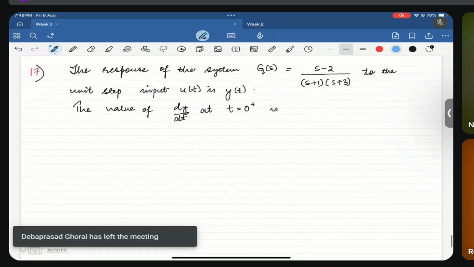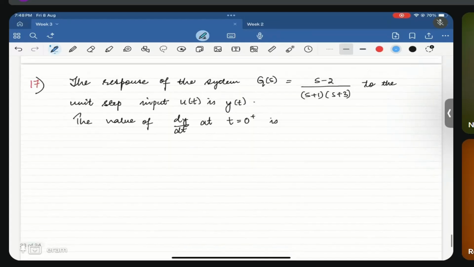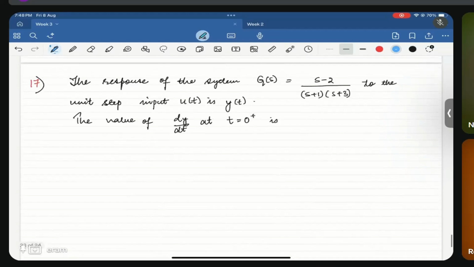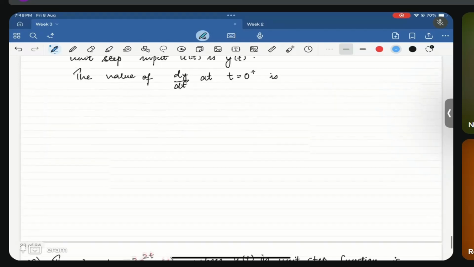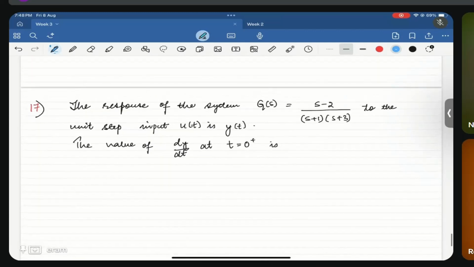This is the last question of today's session. Sorry, because here I have written, we are left with two questions. So this one is very easy.